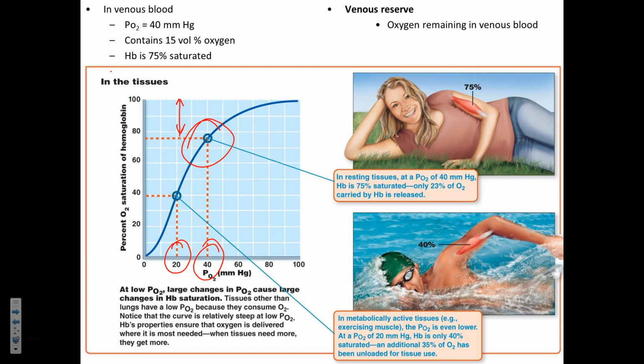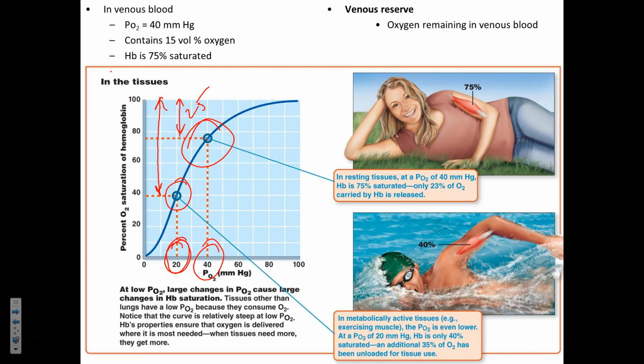It turns out at this oxygen pressure, unloading of hemoglobin increases dramatically. Does that make sense? So when hemoglobin reaches the active muscle, instead of unloading 25%, it unloads 60%.